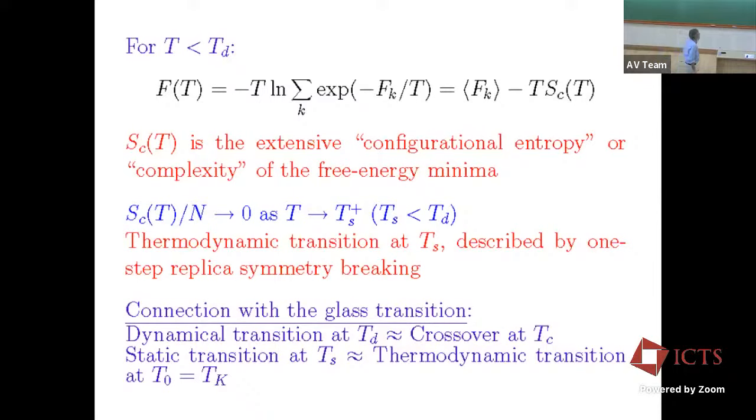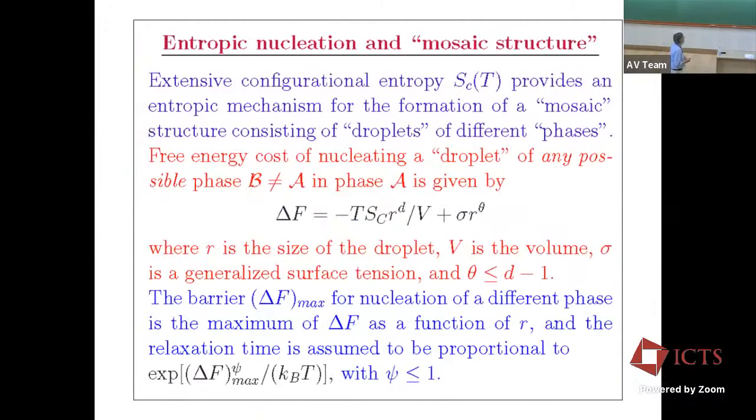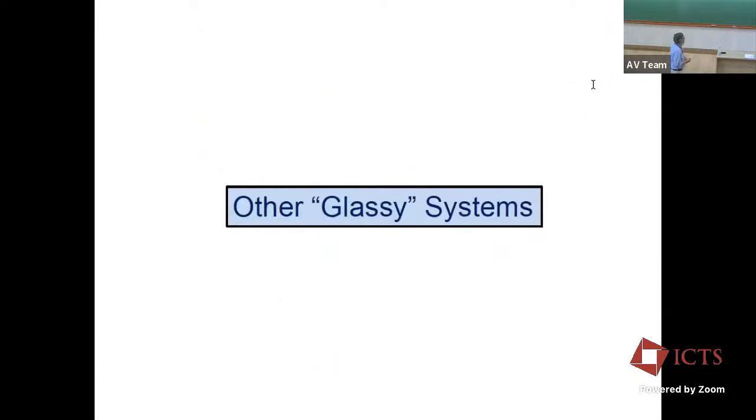And one can use this picture to make some predictions about the dynamics, and there are predictions which seem to give you this Vogel-Fulcher law, etc. So there is a whole class of theories which is based on this analogy between what happens in structural glasses and these other models of spin glass. So I will not go into all of that. And here also this time is gone.